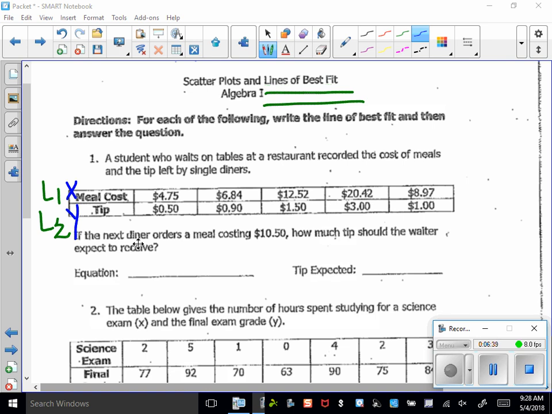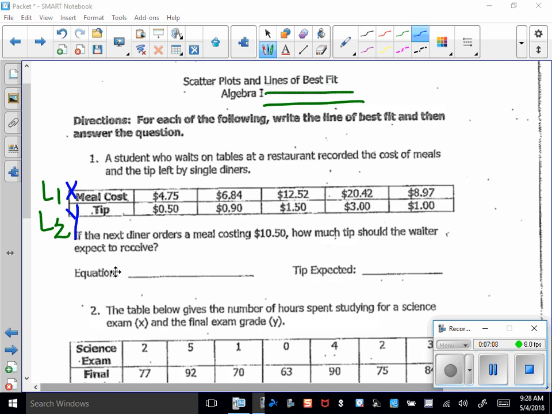We're going to do option 4. It's called linear regression. That's that AX plus B, which looks like MX plus B. Okay, and then you're just going to go ahead and hit enter several times until you come up with A and B. And then after you get A and B, we're going to write down what you have as our equation. Now, we want to round this to 2 places out.